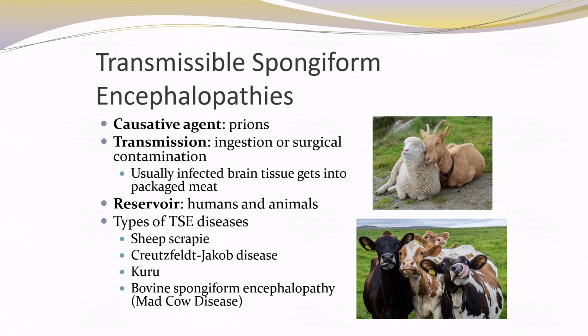There's nothing we can do about it once that animal has it, and we can't put that meat out to market either. The risk does not outweigh the reward of having a burger, right?